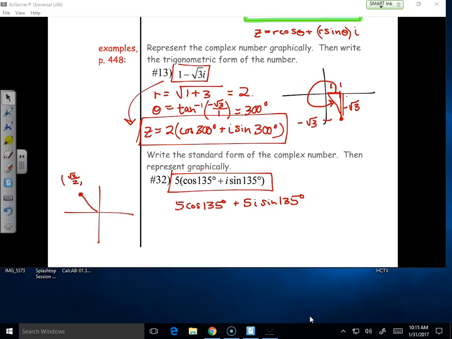What's the sign of my cosine, positive or negative? Negative. Sine is positive, the sign of cosine is negative. So we have the negative and then the positive. So we plug in 5 times negative root 2 over 2, plus 5 times positive root 2 over 2, times i.